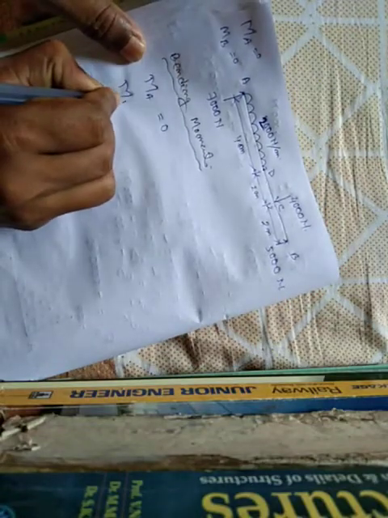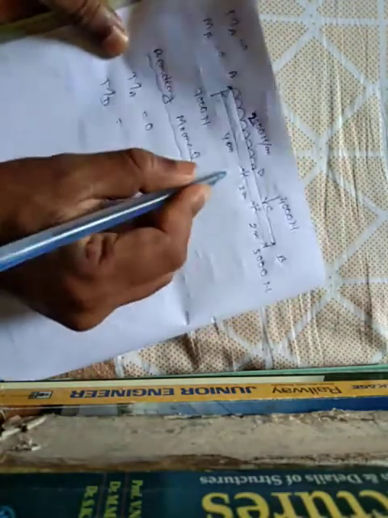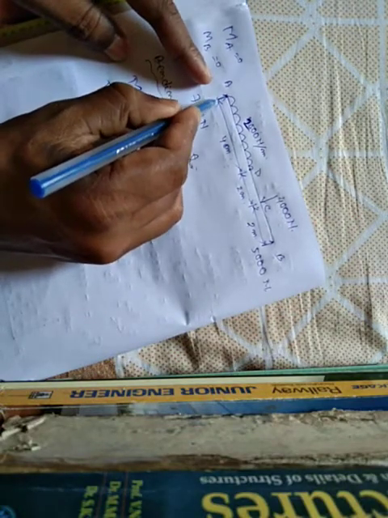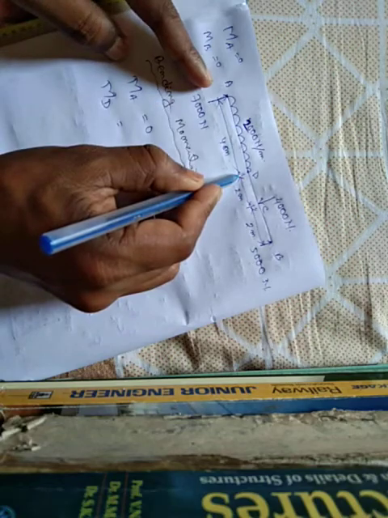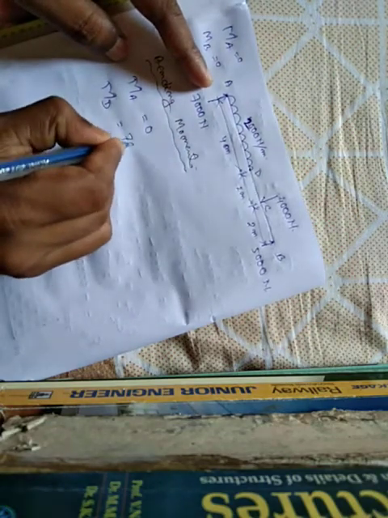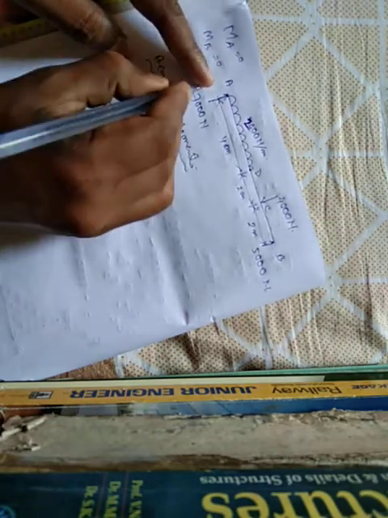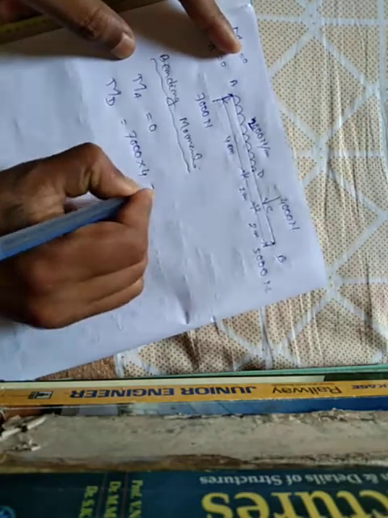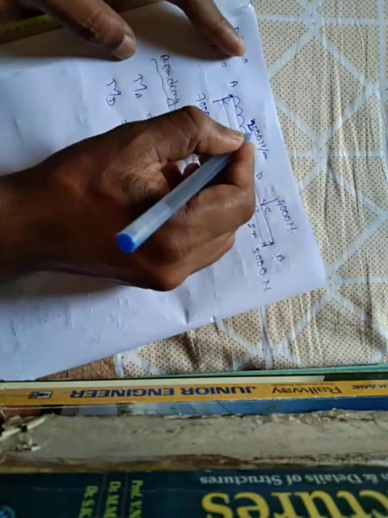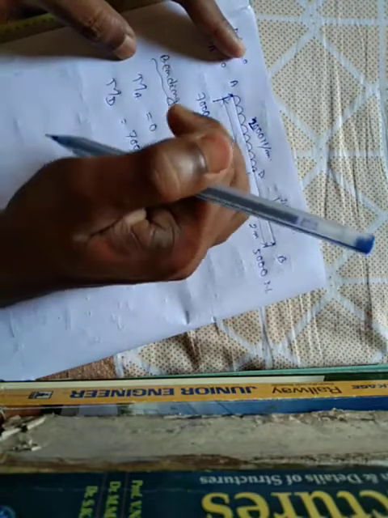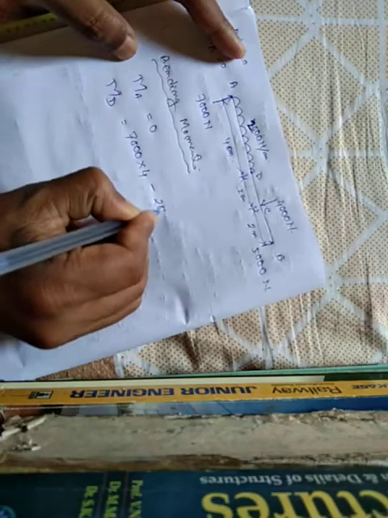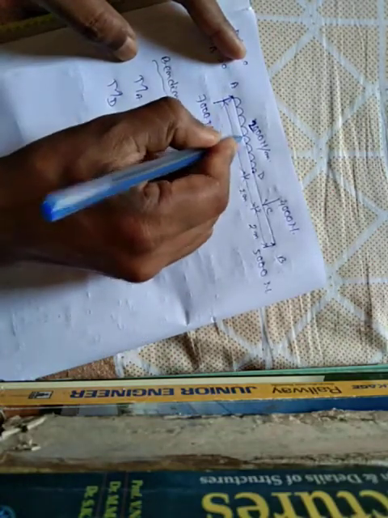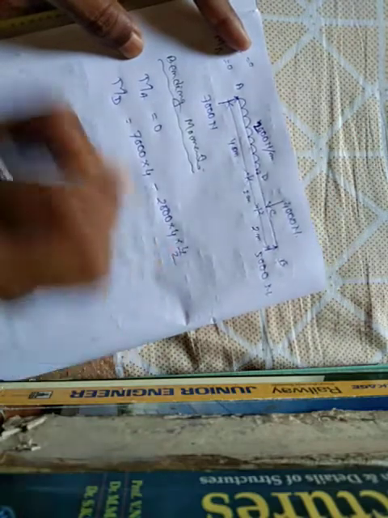Moment at point D is the reaction force 7000 into the perpendicular distance of 4 meter, so 7000 into 4 meter, minus the 2000 Newton uniform distributed load acting downward, 2000 into 4 meter length, into perpendicular distance 4 by 2, that is 2.